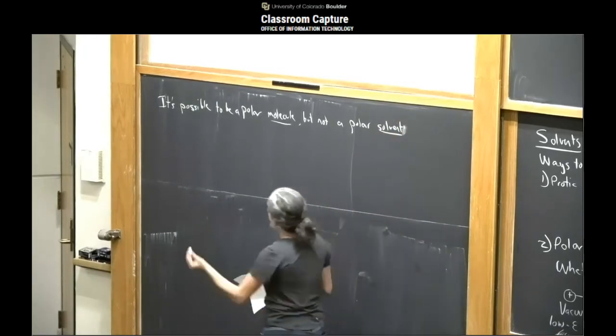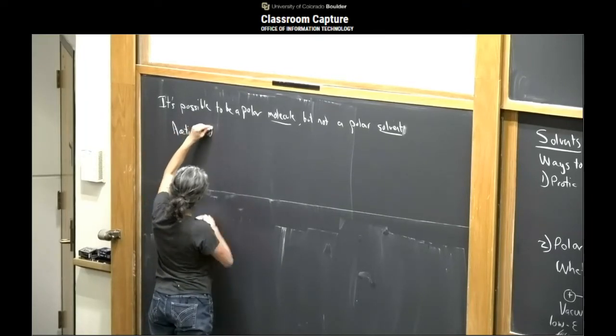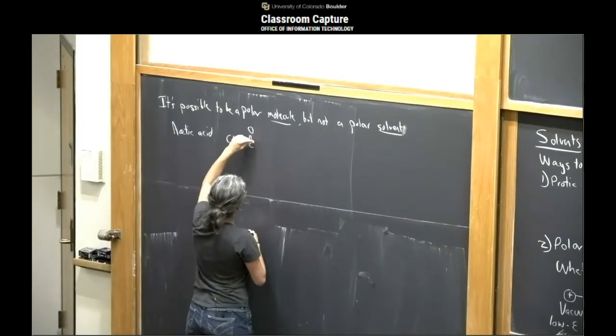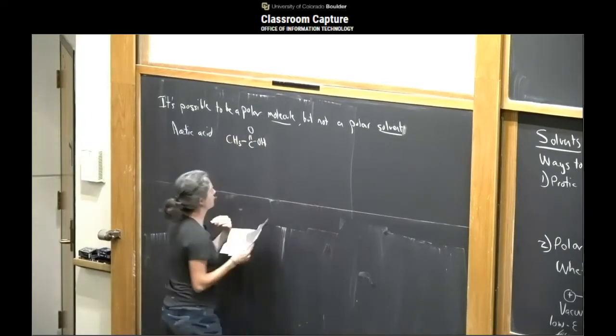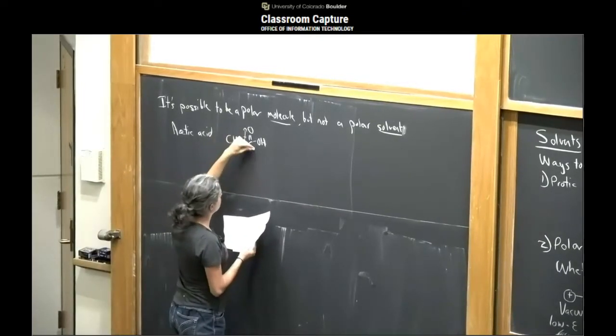So for example, acetic acid looks like this. There's a pretty strong dipole on both of the CO bonds.